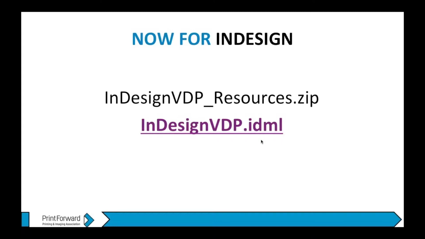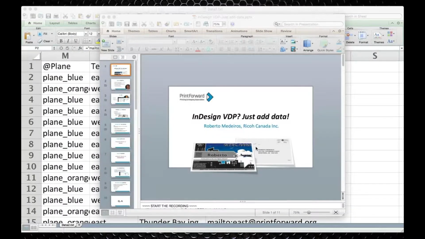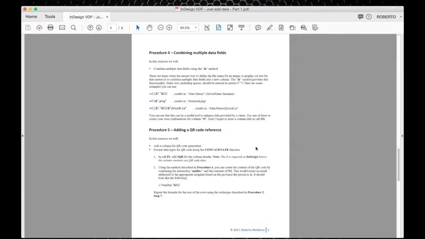If I left it in the native one, I have InDesign 2018, anybody with an older version wouldn't be able to open this. So this is a good way to share InDesign files without having to have the same version. All right, so let's jump into that one. It should be on here.